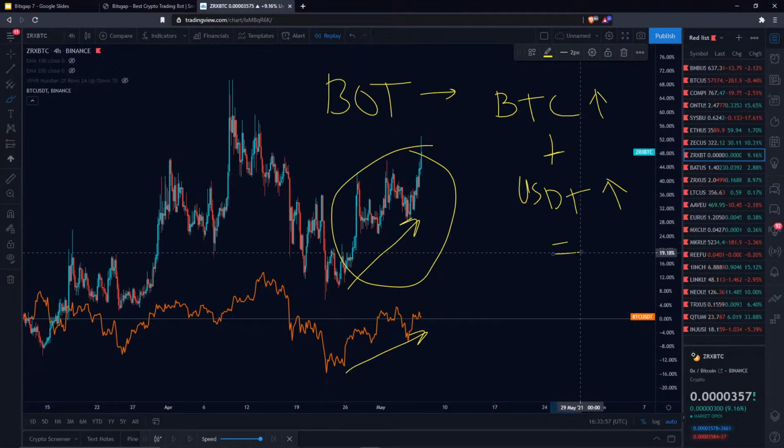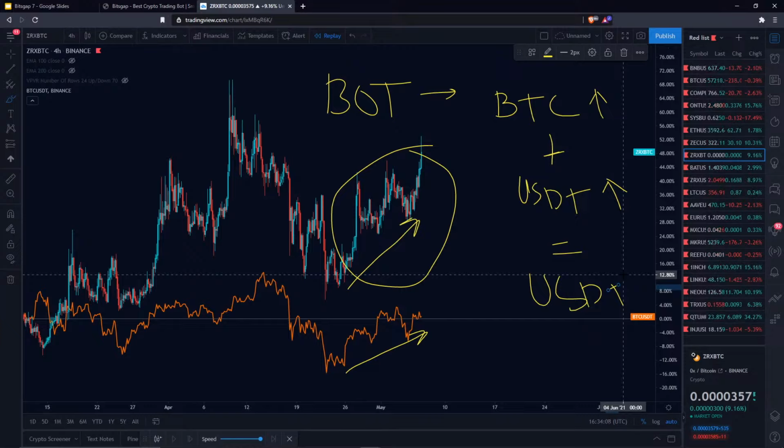Since for me the benchmark is USDT, the return you made in USDT, for me that's the only sound metric to take into account. I only evaluate my success in USDT, because by the end of the day you realize that USD is the currency that works for all of us. You can use it to buy goods, you can use it to buy properties and all that stuff, and it takes time for Bitcoin to adapt to enter all the markets globally and provide us with different branches where we can use Bitcoin.